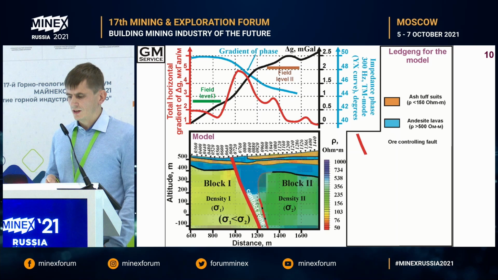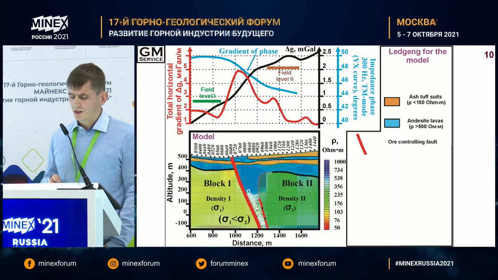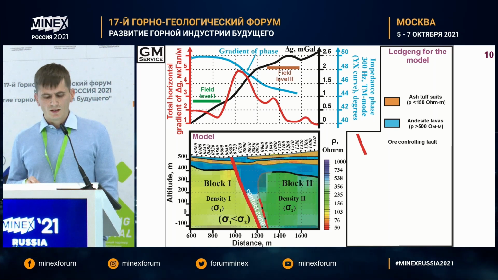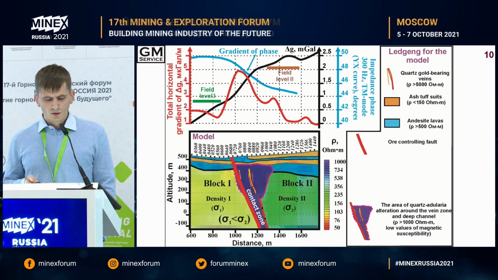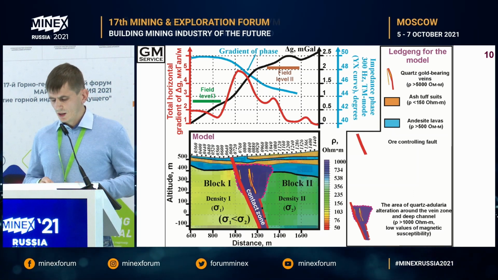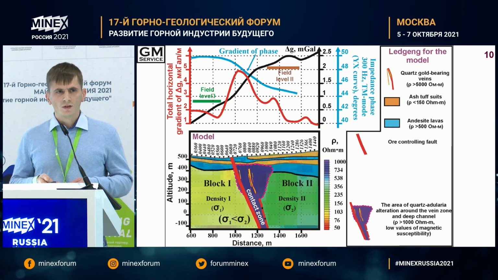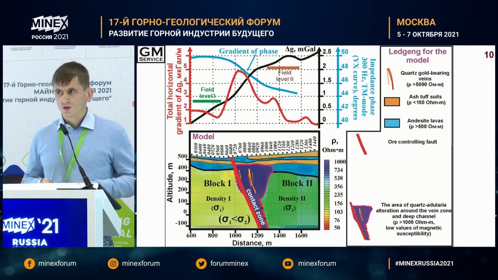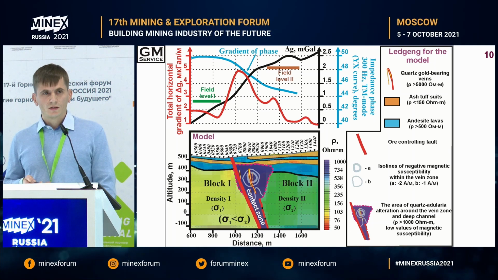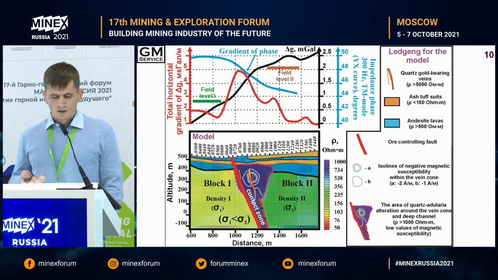The cover rocks are presented by tuffs, the conductors are tuffs and ash, and the lavas are isolators. The deposit zone per se is associated with quartz mineralization and is characterized by high electrical resistivity and low magnetic susceptibility.